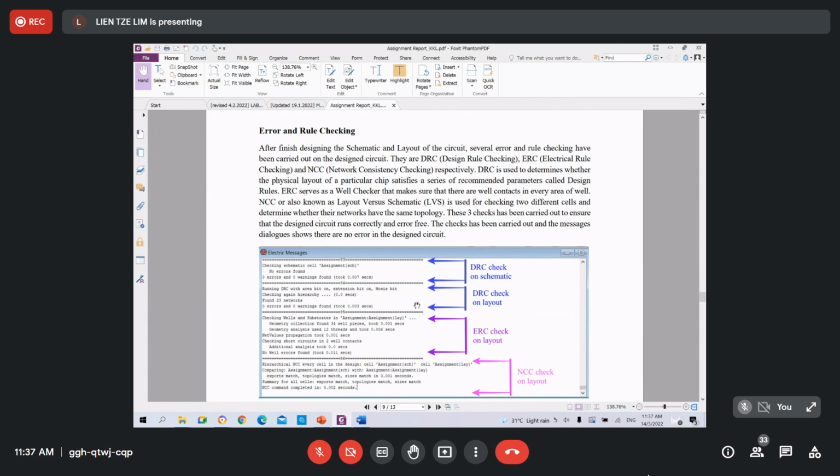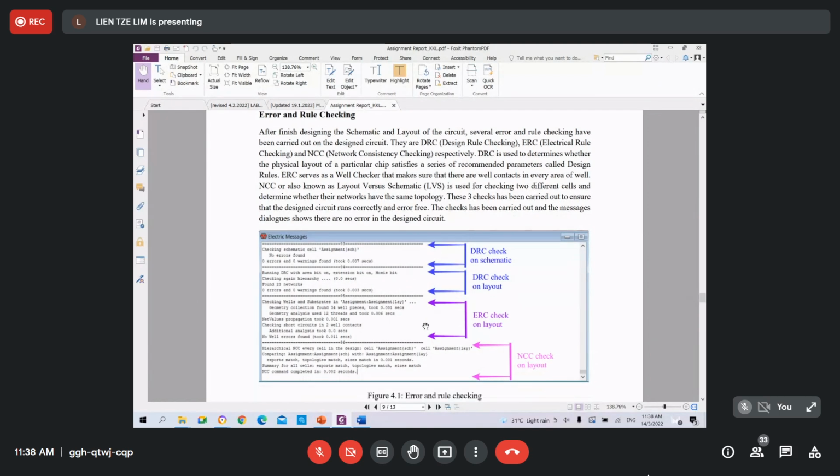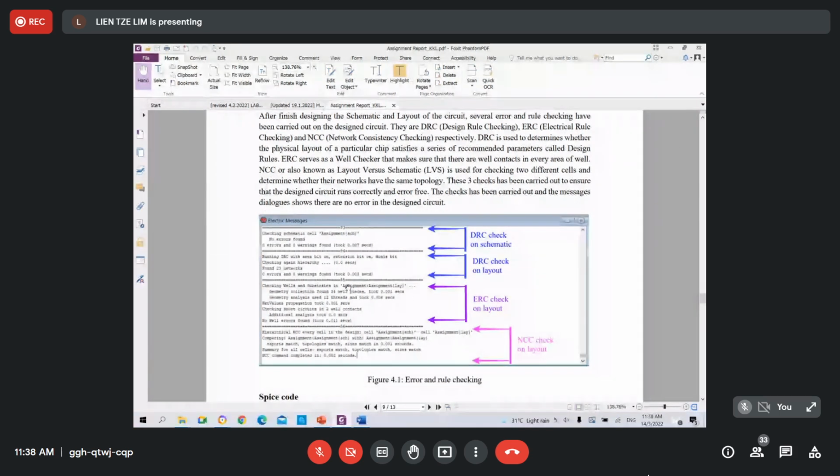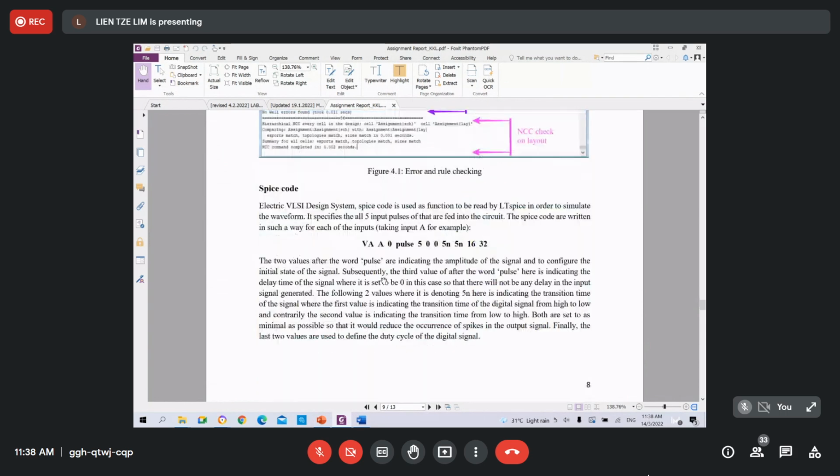So you see here, this is to show that the DRC, ERC, and NCC all pass. This is the evidence of the validity of your design, without any error, with all the rules checking passed.